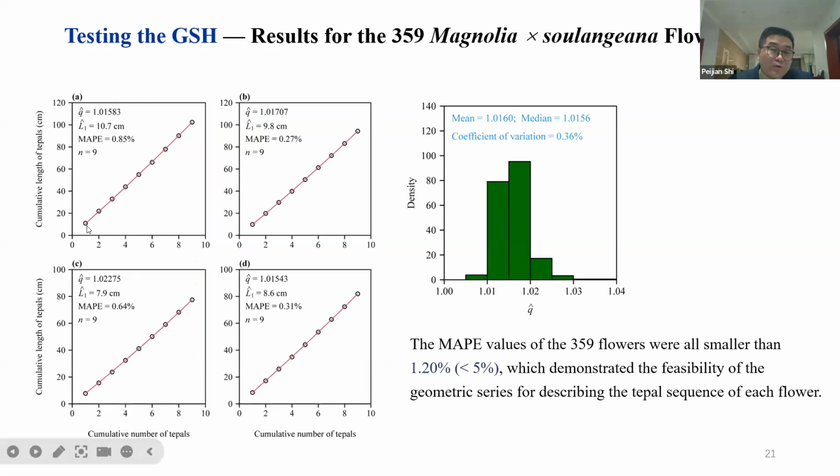In fact, they should also be sketched as points rather than lines, but to show it cleanly, I use the lines. So we can say the MAPE is significantly smaller than 5%. This means for the flowers, it works well.